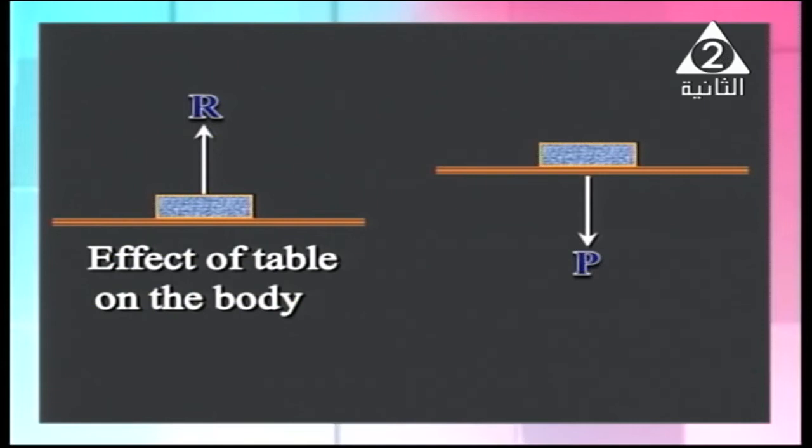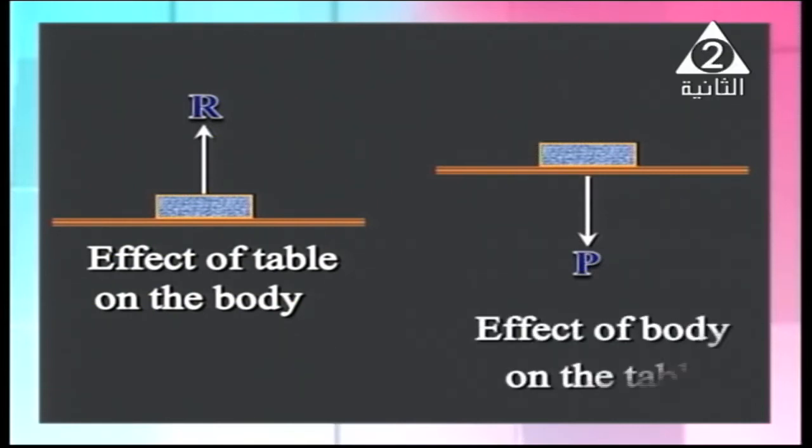But my dear student, look at this, this is the body. When we put the body on the table, the body has a weight. Look at the weight, or V. These are two forces. The first force is the effect of the table on the body.